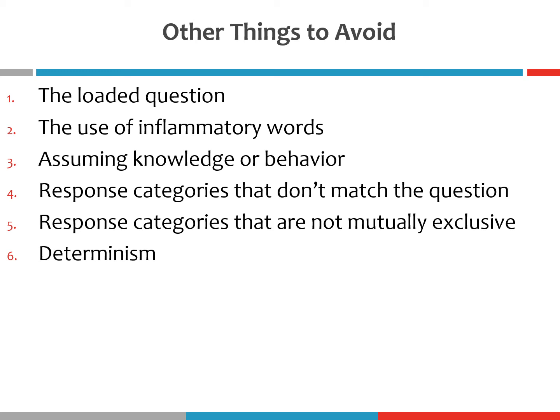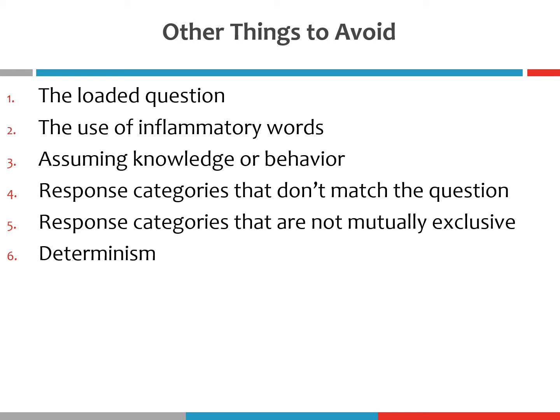The last thing you want to avoid, which I think I've talked about before, is something called determinism. So you want to avoid, for example, using words like always and never, because nothing in our lives, whether we're assessing our personality characteristics or psychopathology or attitudes or what have you, very few of the constructs that we're interested in measuring or the questions we're interested in asking are that concrete, right?